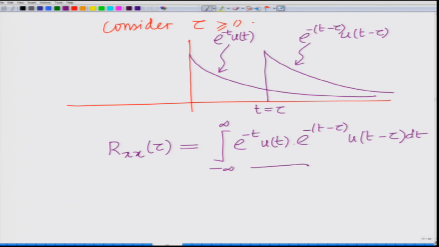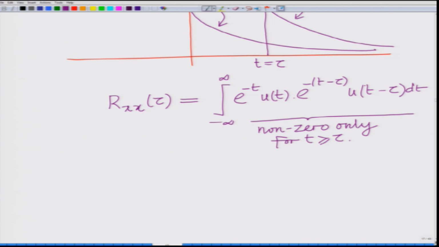Observe that this is non-zero only for t greater than or equal to tau. If you look at this plot, the overlap is only for t greater than or equal to tau. So, the product is non-zero only for t greater than or equal to tau.